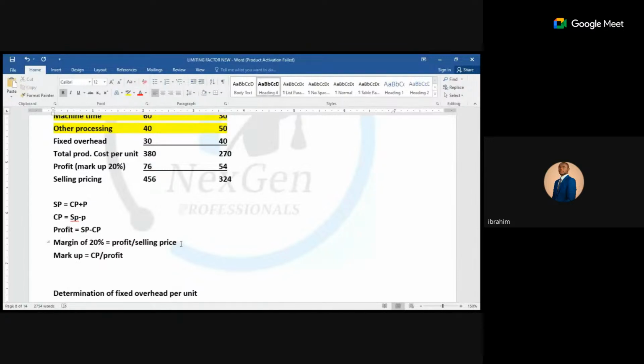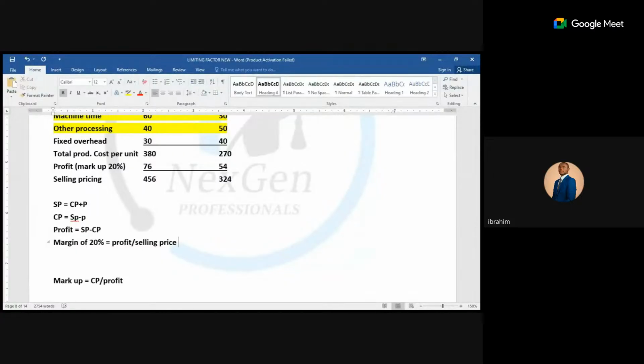Then, when you want to convert this, don't forget that this is selling price and this is profits. Class, you are given a margin of 20%.